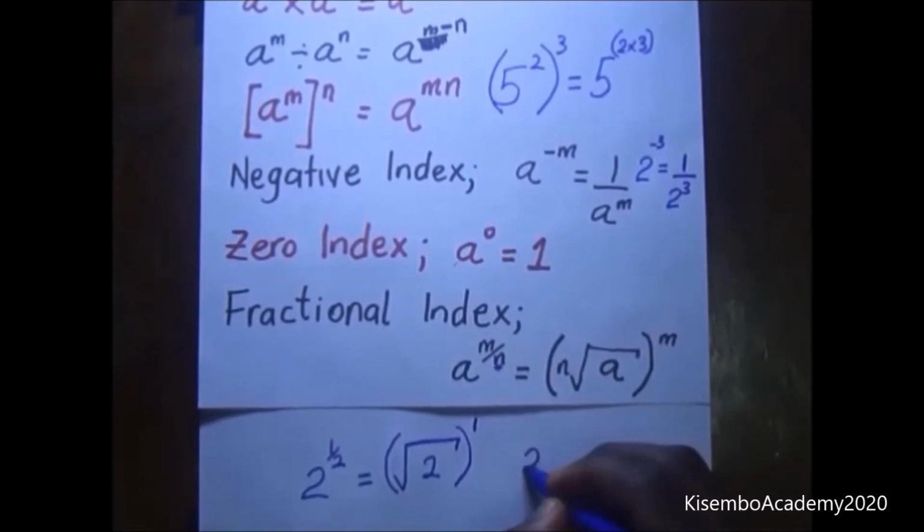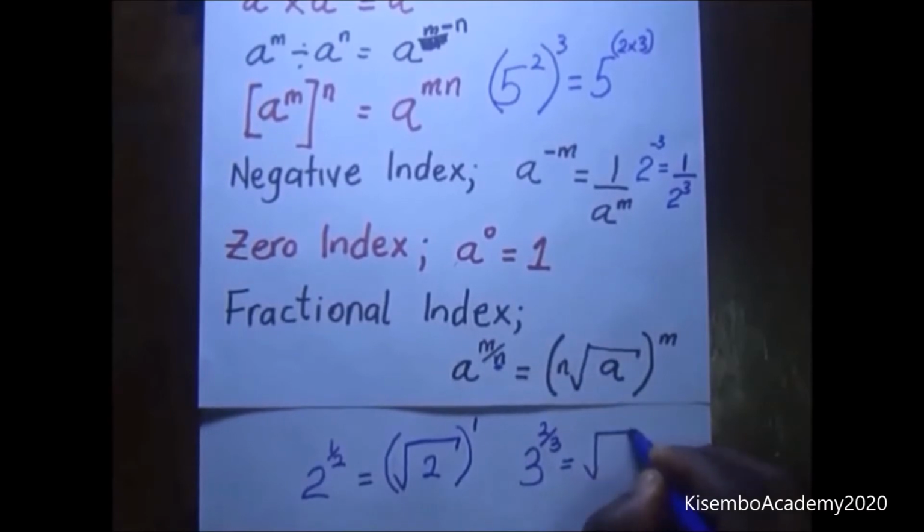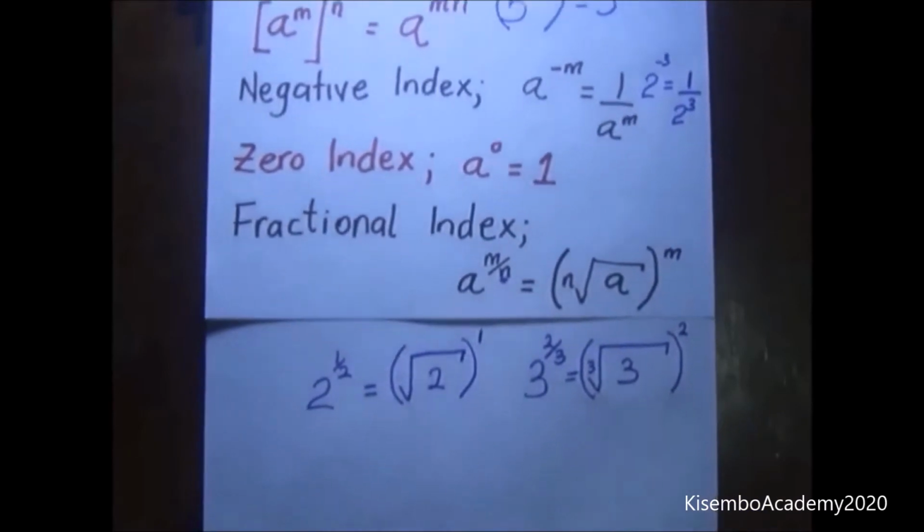Or if it is 3 to the power 2/3, this is the same as saying the denominator is 3, so it is the third root. It is the third root of 3, and all this is to the power 2. Let me give you just one more random example.